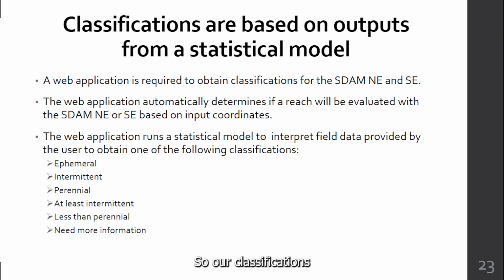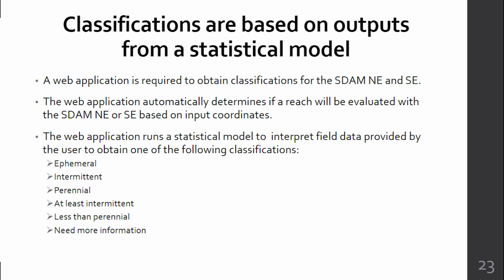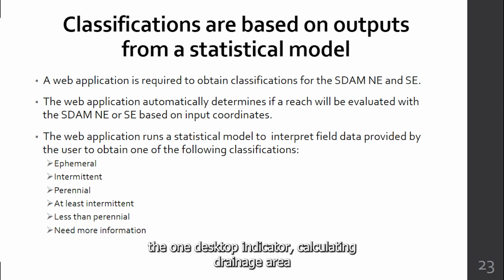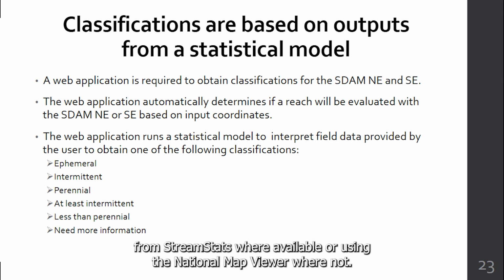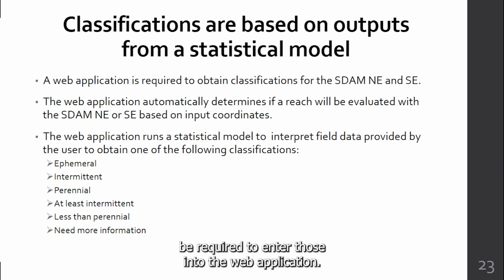So our classifications are based on outputs from a statistical model. You will be required to enter the information collected from the field, as well as the one desktop indicator of calculating drainage area from StreamStats, where available, or using the National Map Viewer where not. You will be required to enter those into the web application.